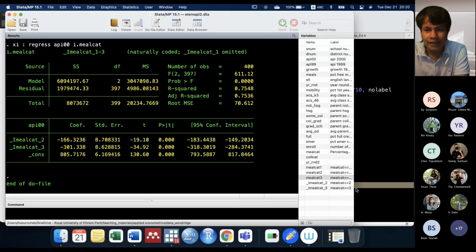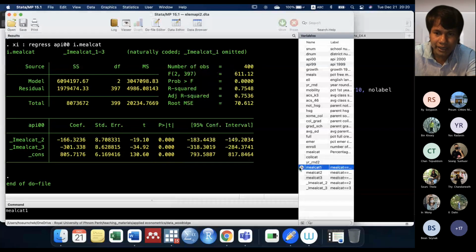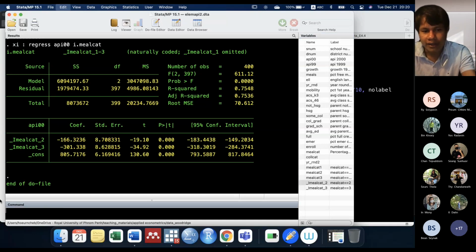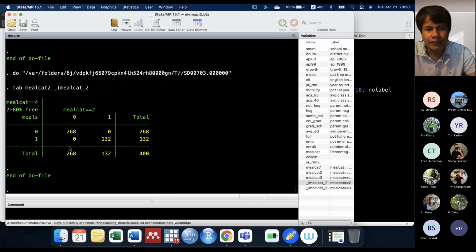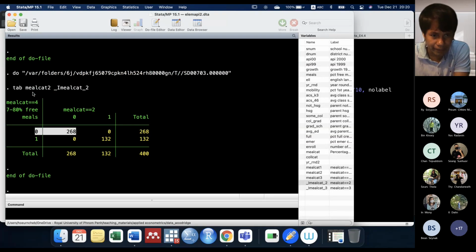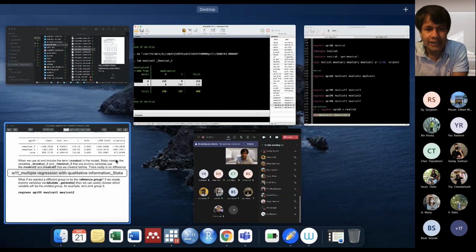If you want to check, guys, you can run a tab between meerkat2 and _Imeerkat_2 here. Run. You see what it says? If meerkat2 says it is 0, _Imeerkat_2 also says it is 0. So the result is consistent. Either you use the manual technique or the xi command, the results are the same.